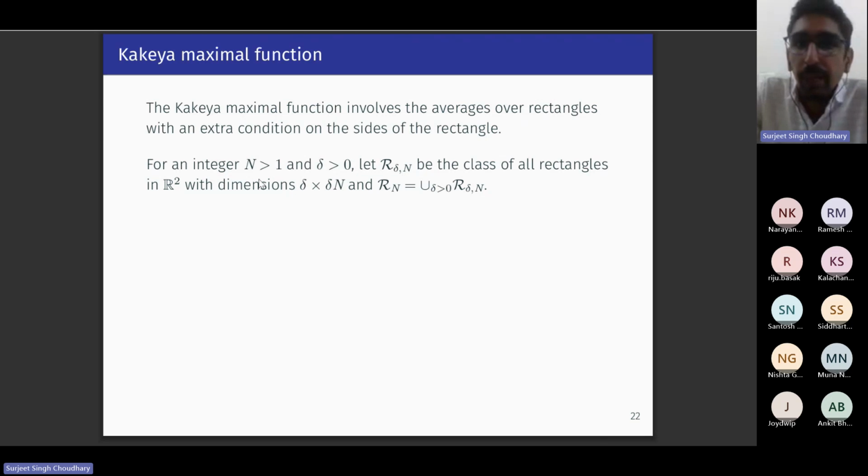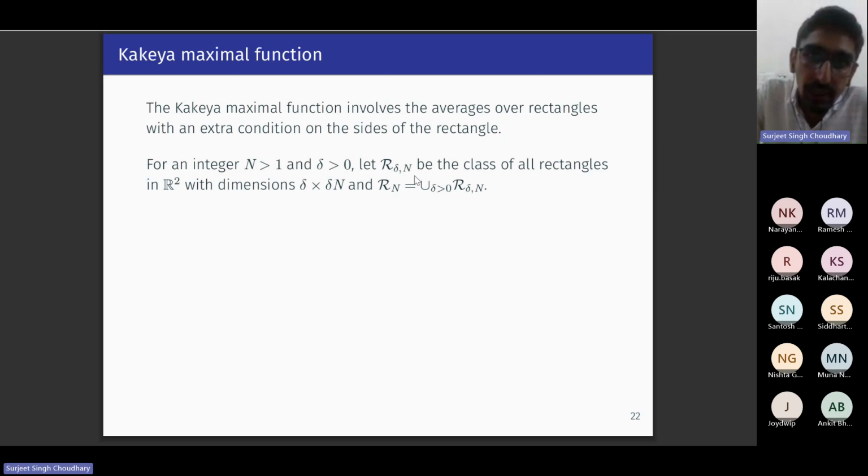So for n bigger than or equal to 1 and delta bigger than 0, let R delta n be the class of all rectangles in R2 with dimension delta cross delta n. And let R n denote the union of all the collections for delta bigger than 0.